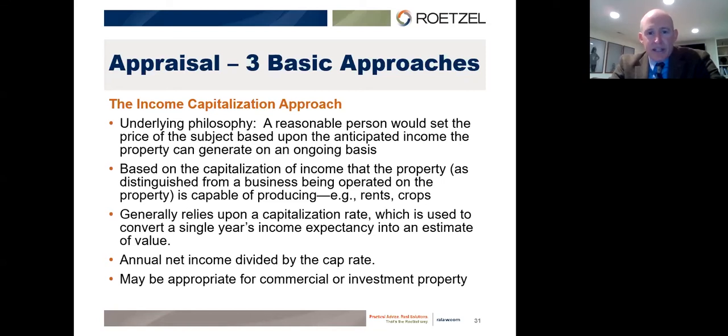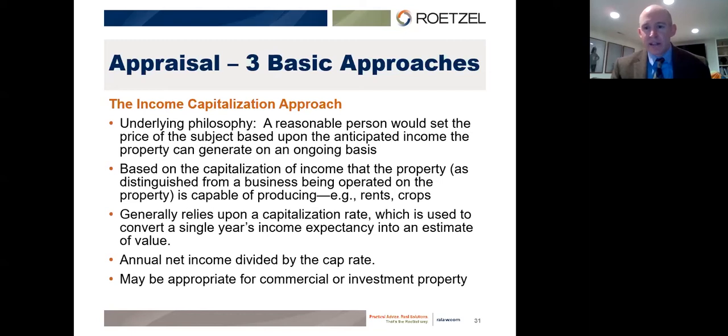The income capitalization approach is probably, in my experience at least, the second most popular. And this has to do with income producing properties, hotels, gas stations, things along those lines, apartment buildings, where the property itself, by virtue of its location and specific attributes, generates income for the property owner.